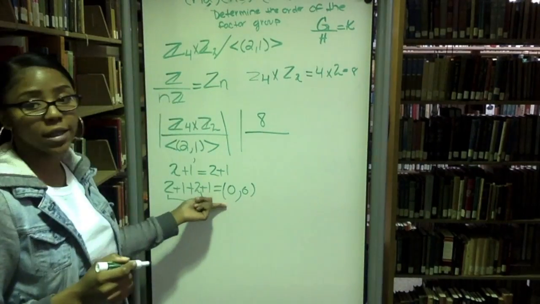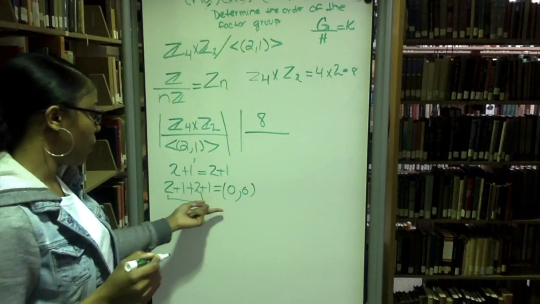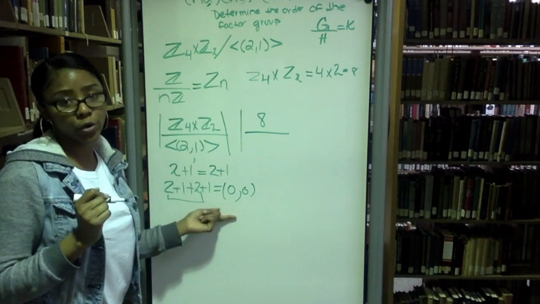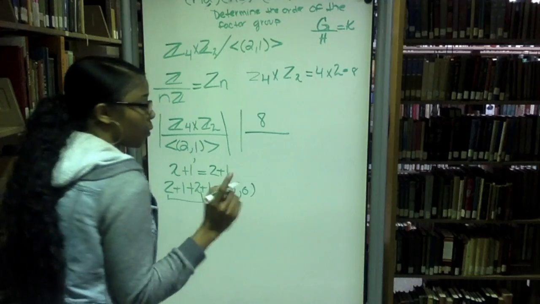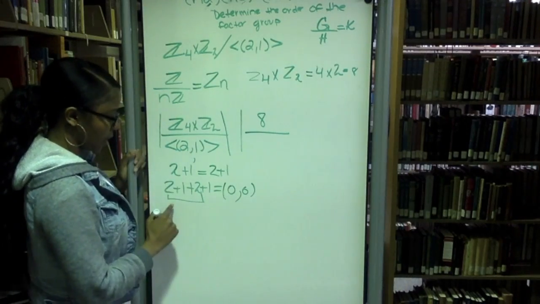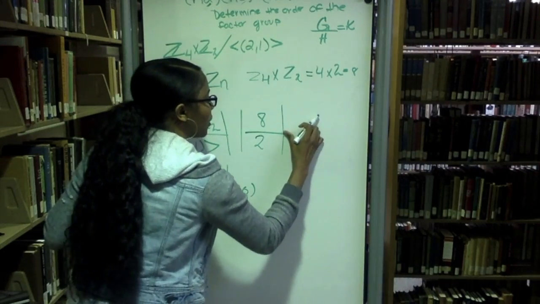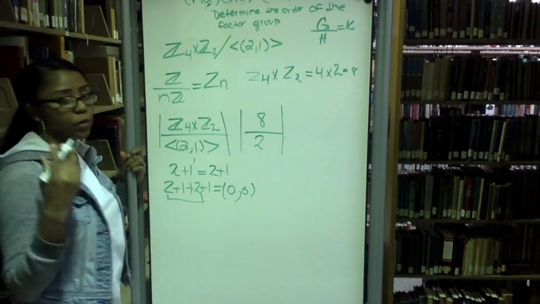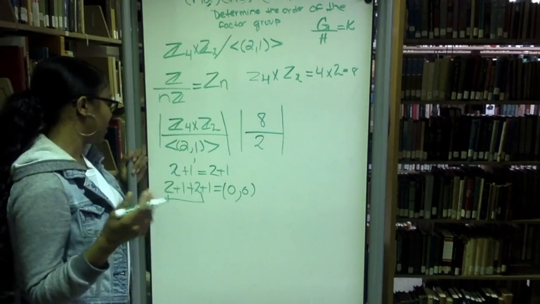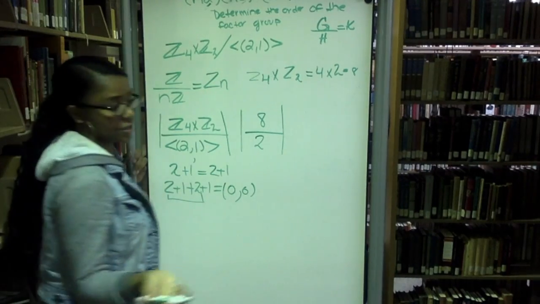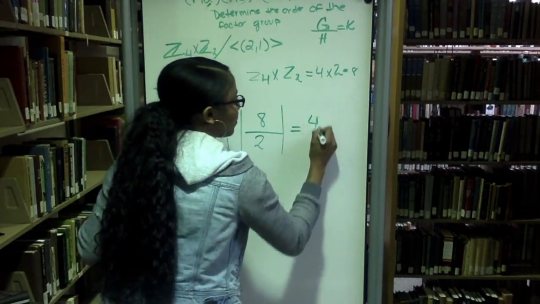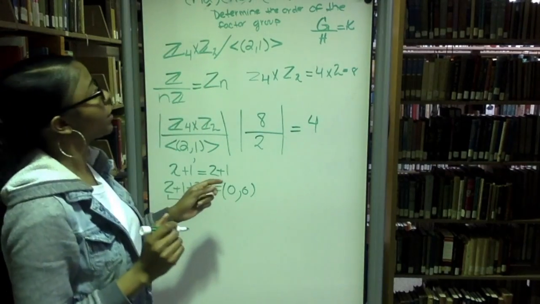So hence we get back the identity element. So this is giving us our order. So our order for this part is 2. So now we have the order for the numerator, we have the order for the denominator. So if we do 8 divided by 2 is equal to 4. So our order is 4.